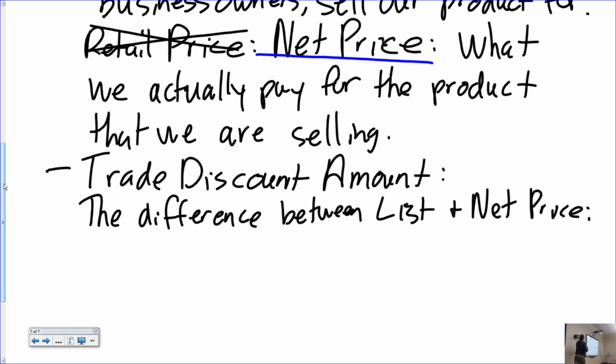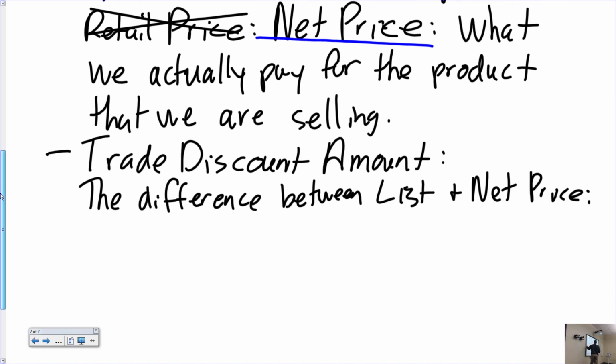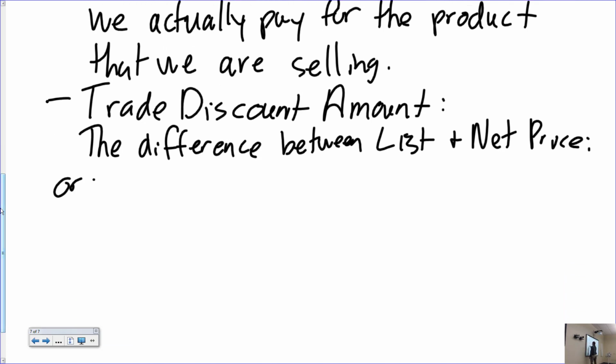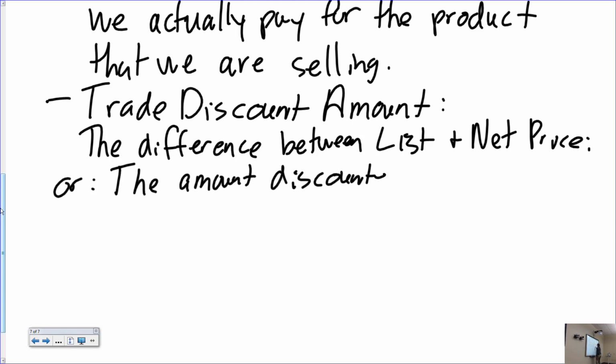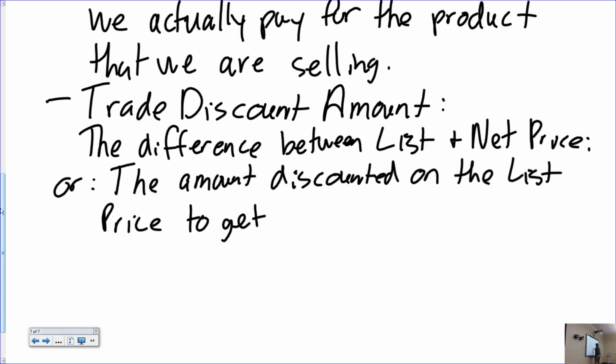But again, since it's called a discount, folks, the way it's often described is the amount discounted on the list price to get us to net price.